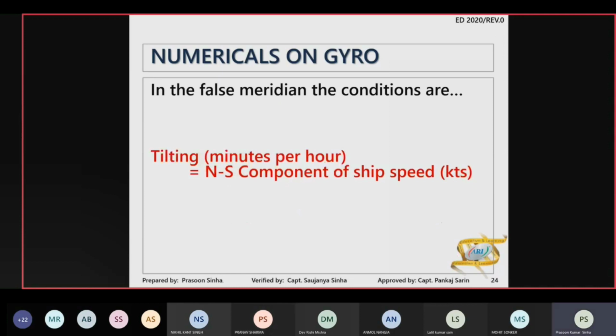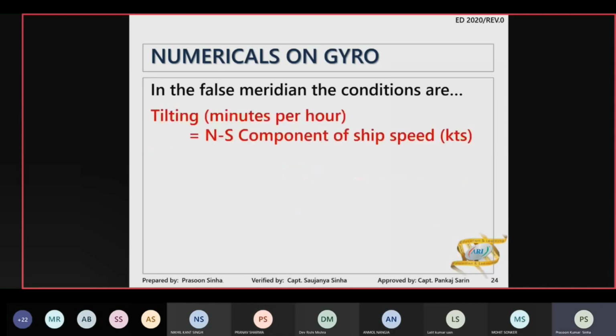The tilting can be directly equated with the speed of the ship. Tilting, minutes per hour, is due to the north-south component.